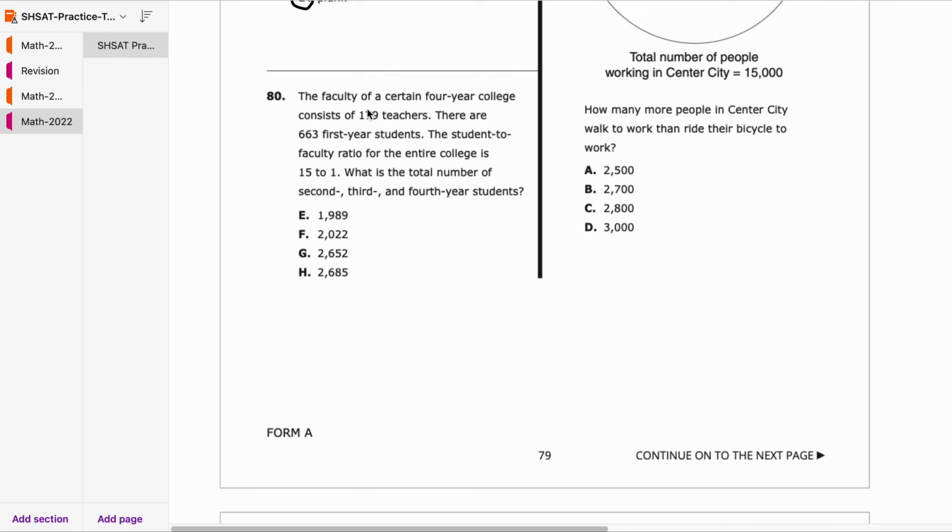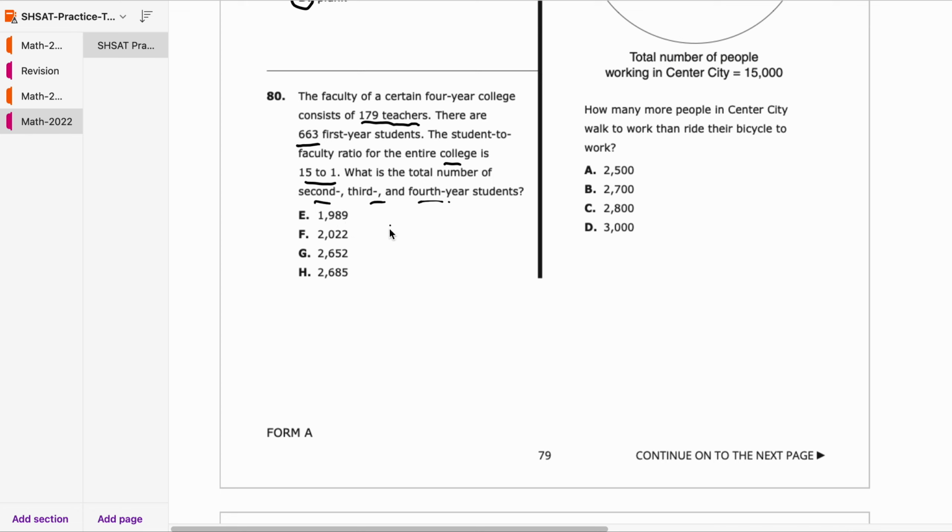So the faculty of a certain four-year college consists of 179 teachers. There are 663 first-year students. And the student to faculty ratio for the entire college is 15 to 1. What is the total number of second, third, and fourth year students?